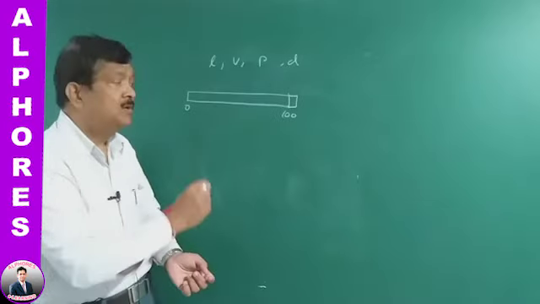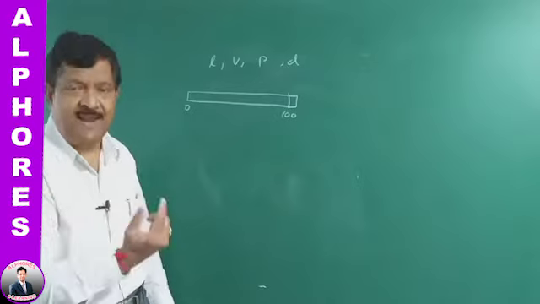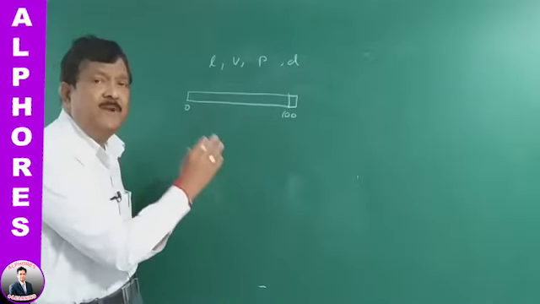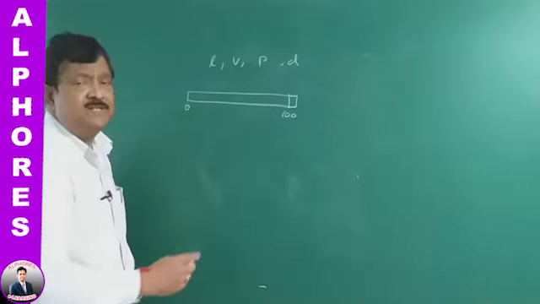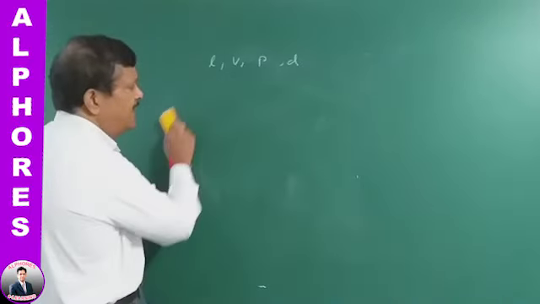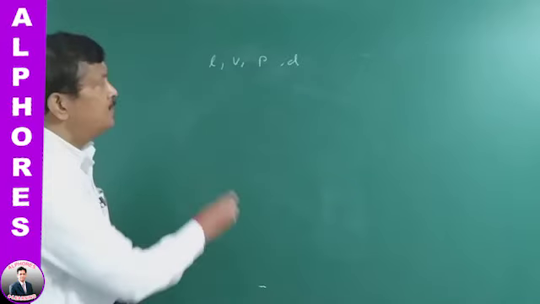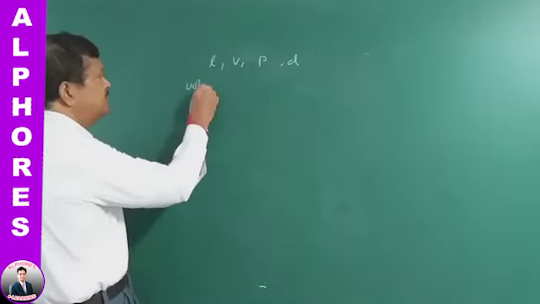That's why, due to small changes of length or area or volume in case of solids, we cannot use them as the thermometric property. So in most cases we use only expansions of liquids and gases to measure temperatures. Most of the cases we use volume expansion.